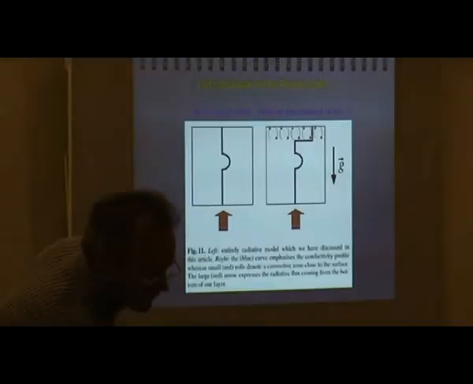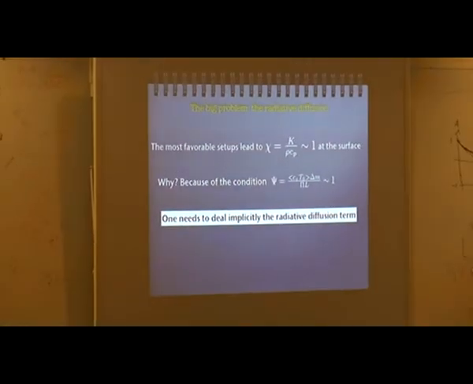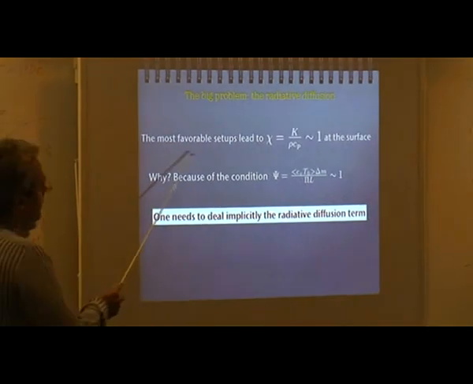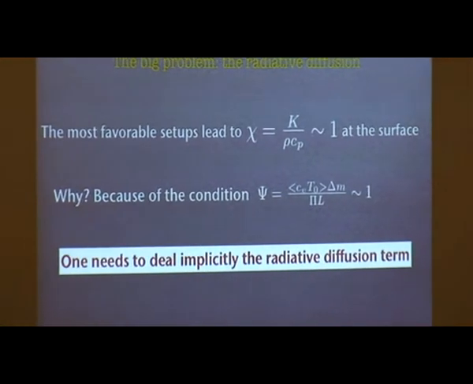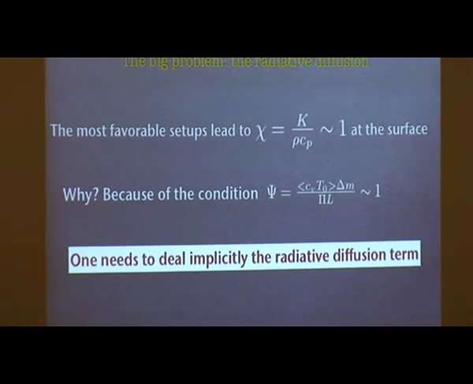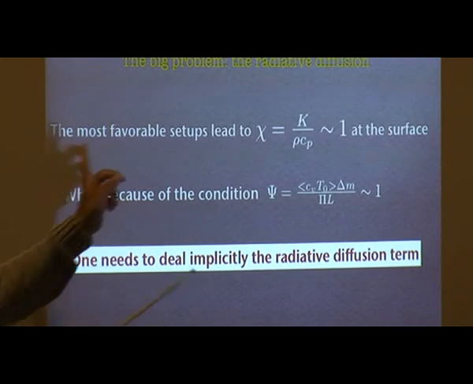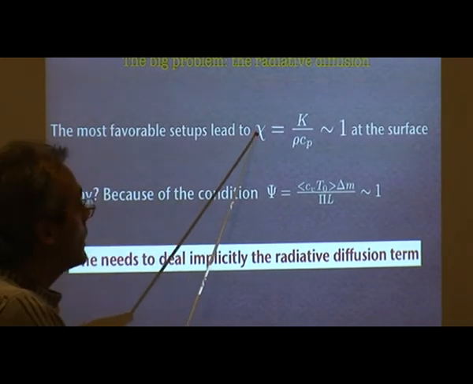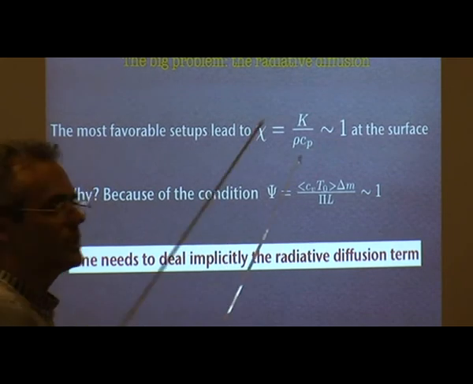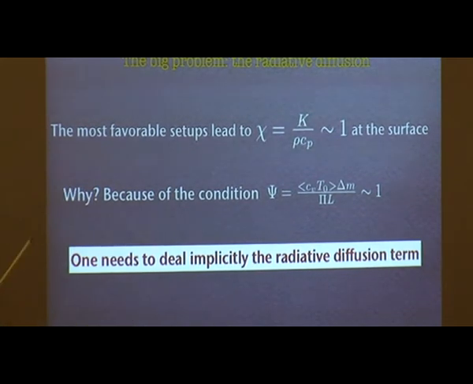The problem is the radiative diffusion, because the most favorable setups for the instability, if we want a setup such that the radial mode is unstable, have radiative diffusion around unity at the surface. And why? Because of the condition psi equal 1.